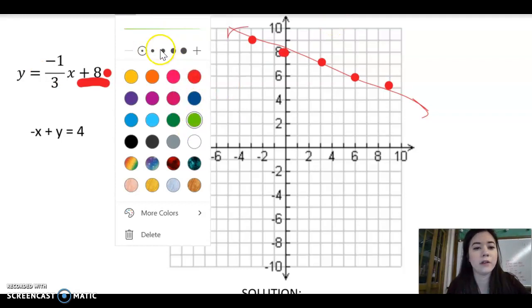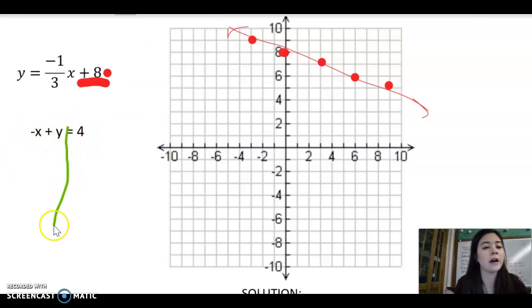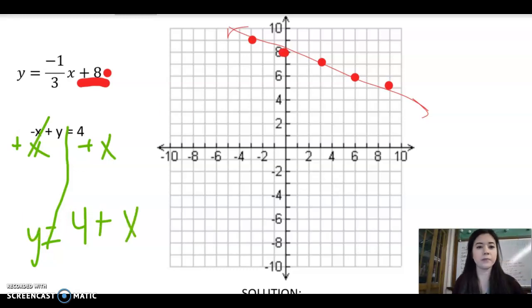Okay, now let's do this one. So again, that doesn't look right. My x and y are on the same side. I need to solve for y. I move this x, it's a -x, so we do the opposite, a positive x to both sides. We get y equals 4 plus x.